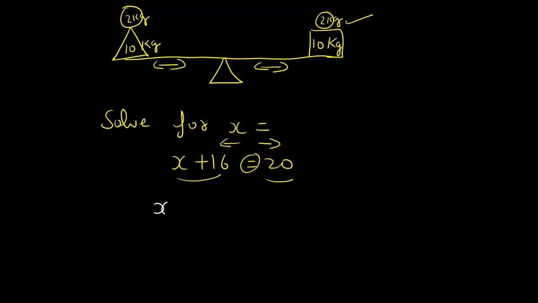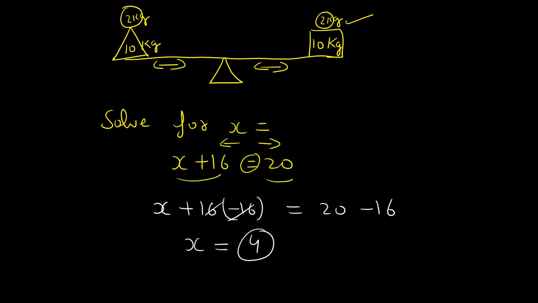So to prove it, we have x plus 16, and now we can subtract 16 from both the sides. 20 minus 16, and we will have the same answer. We have x, this cancelled out, x equals 20 minus 16 is 4. So we got the value of x is equal to 4, and we can prove it because now we know the value is 4.